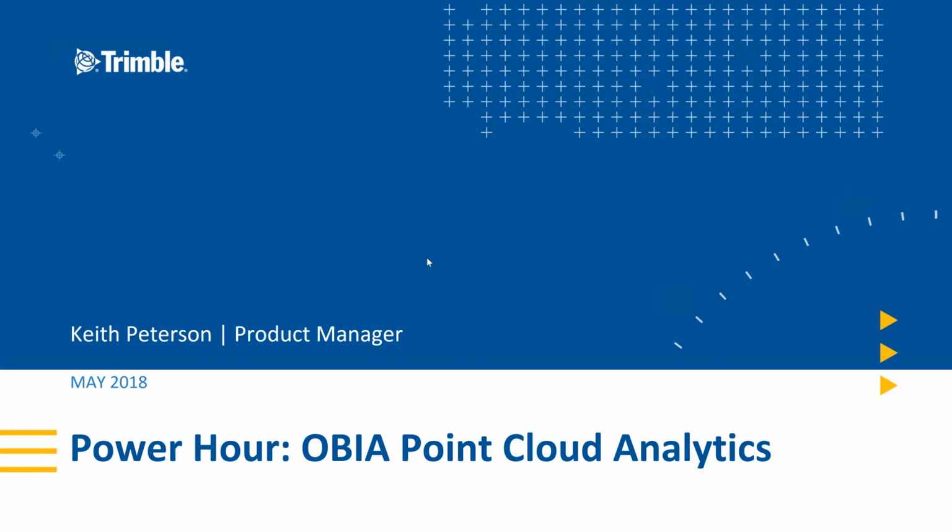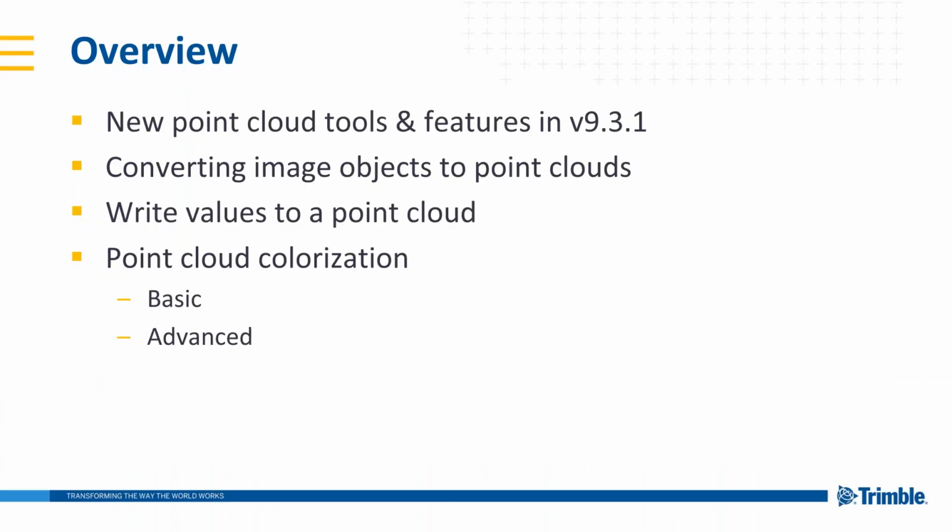Let's get right into our topic here today, point cloud analytics within eCognition. Just a brief overview of what we'll be looking at. First, we'll introduce some of the new point cloud tools and features that are available in version 9.3.1, the latest version of eCognition Developer.